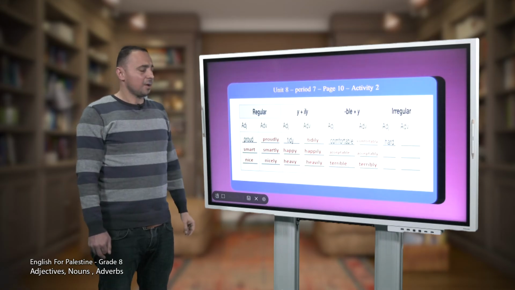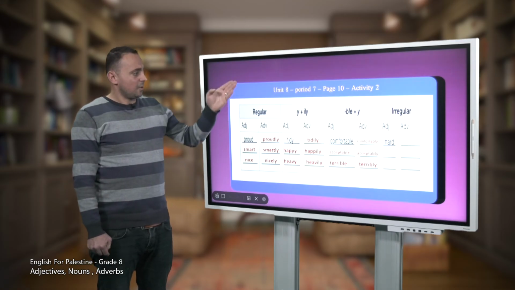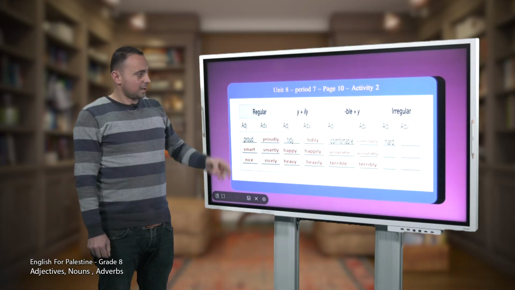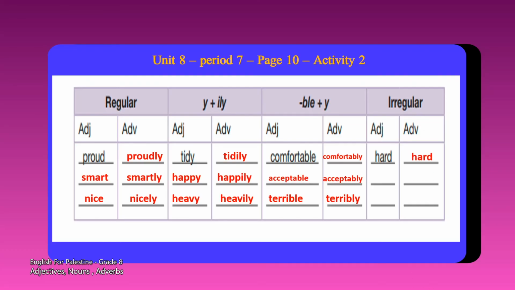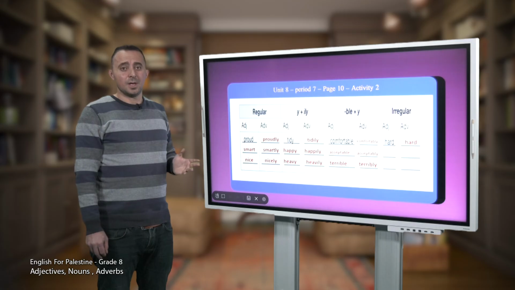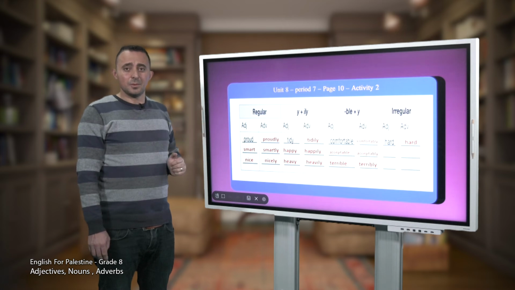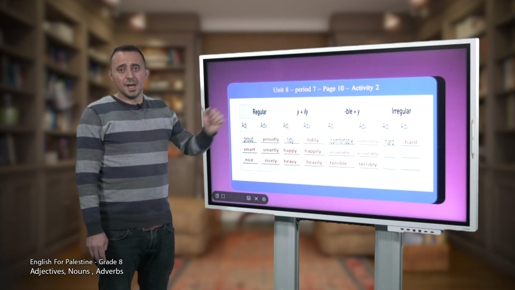What about the irregular forms? Now, adjectives, hard remains the same, hard. And remember, as I have just said, that we decide from the context. How? If the sentence has a noun, the hard is an adjective.